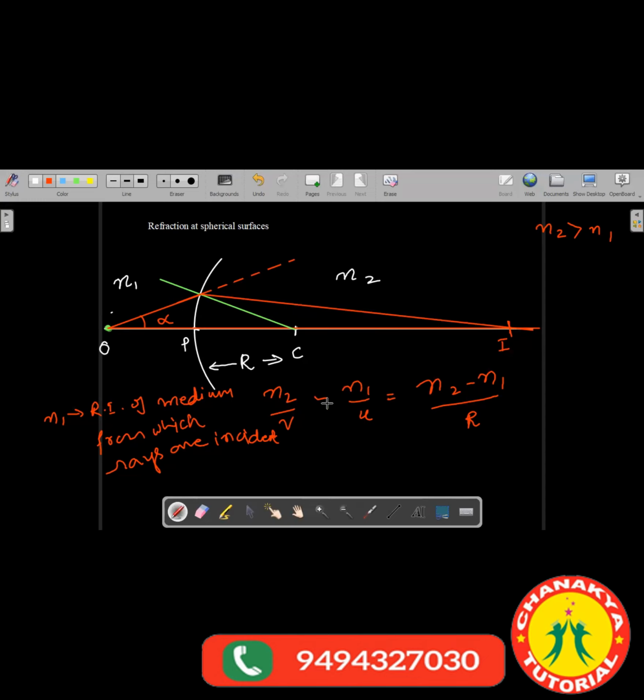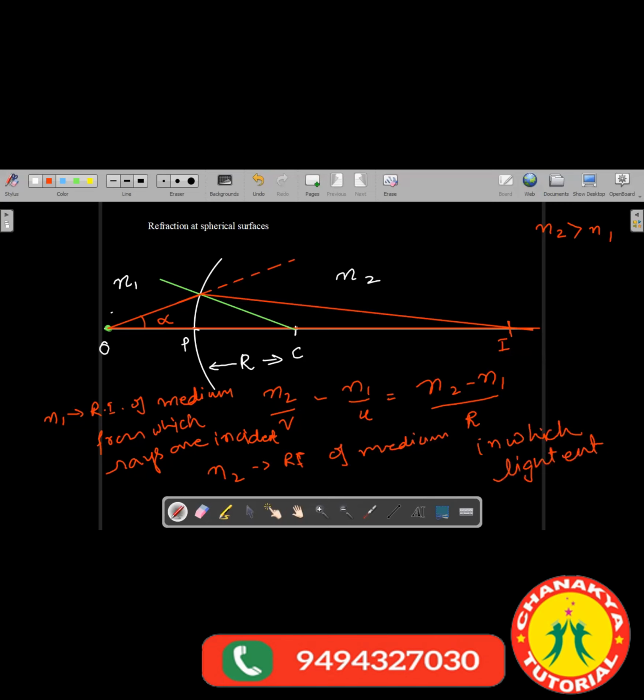We'll see some questions if possible. So this is the formula. N1 is the refractive index of the medium from which rays are incident, and N2 is the refractive index of the medium in which light enters.